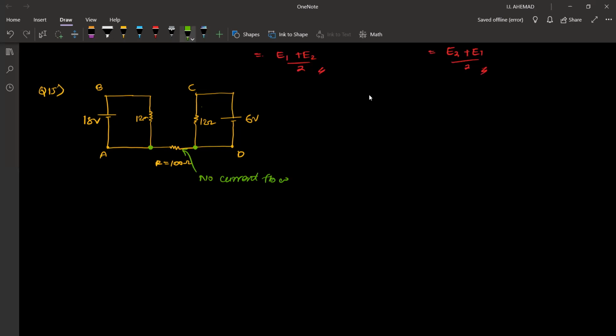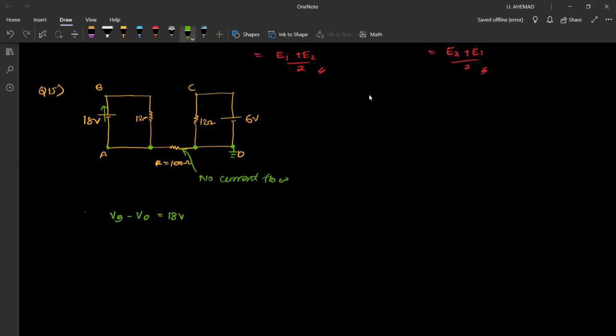So to make things easy, I'll consider D as grounded. D is grounded. So if D is grounded, this is also ground. This is also equal to 0. Then VB minus VD is equal to 18 volt.